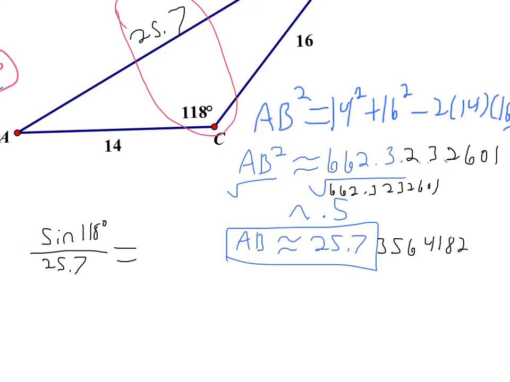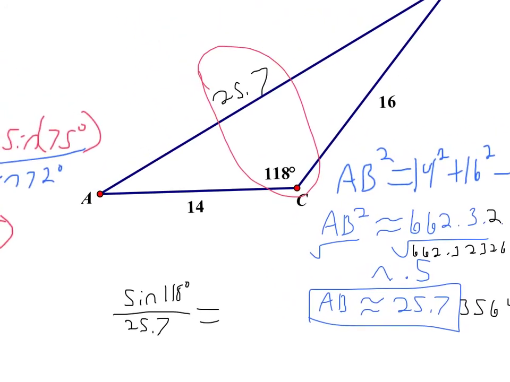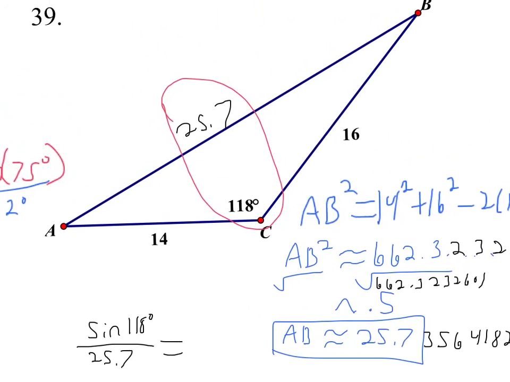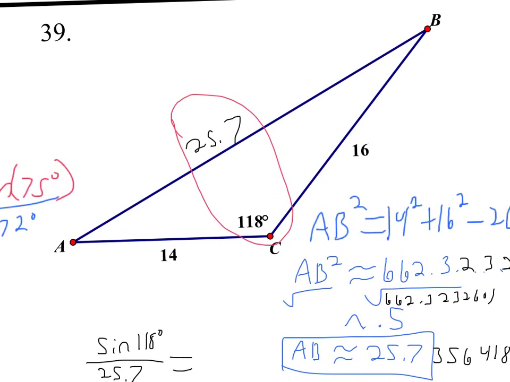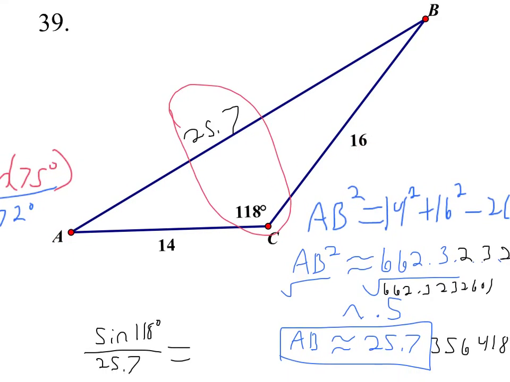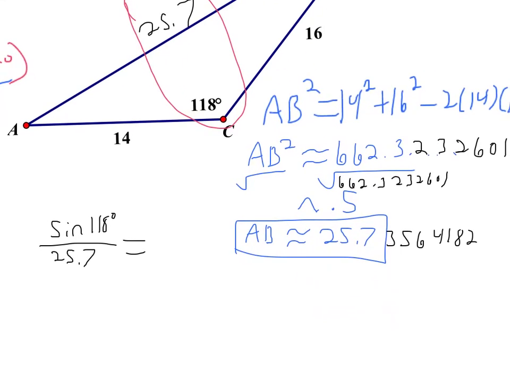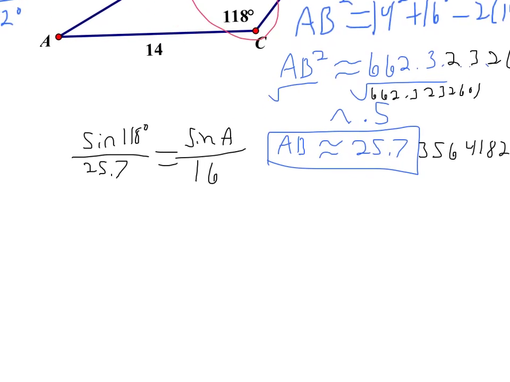Alright, and then we got to pick one of the angles and sides to use. So I'll just do A. And A and 16 are across from each other. So I'm going to do sine of A over 16. Alright, let's cross multiply.